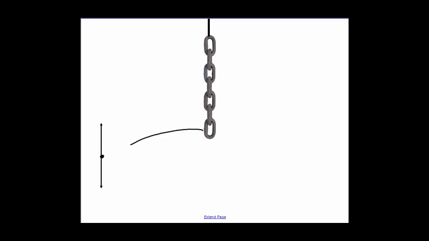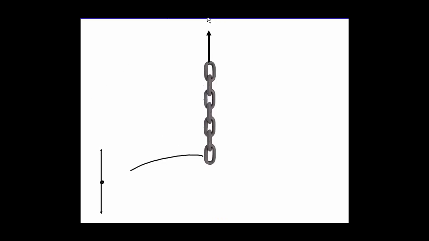Now I'm going to go ahead and label these links too first. I'll make this C1, C2, C3, C4, C5, C6, and C7. So this would be the force that C6 would have on 7.